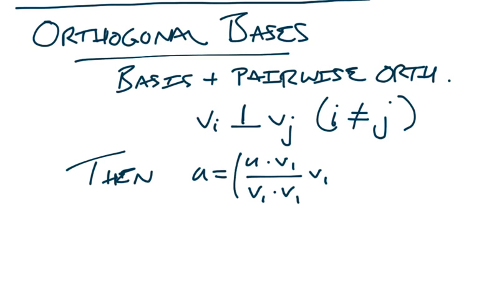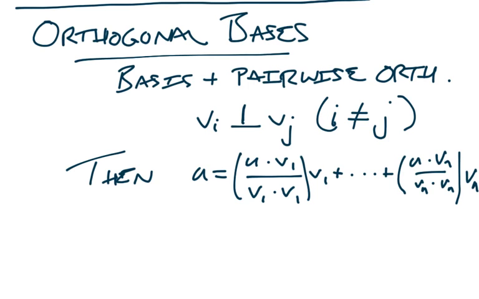So your c1 is u dotted with v1 over v1 dot v1. And this is going to be true for all of these coefficients on all of these basis vectors. Oops, it should be u dot vn over vn dot vn in the direction of vn. And what we saw last time is that this is really a sum of projections.